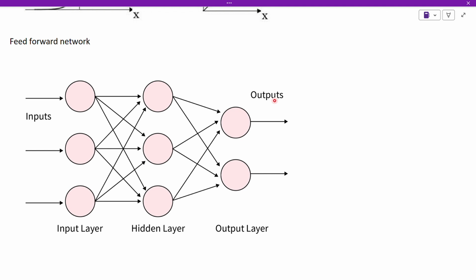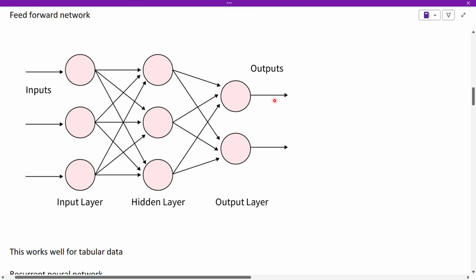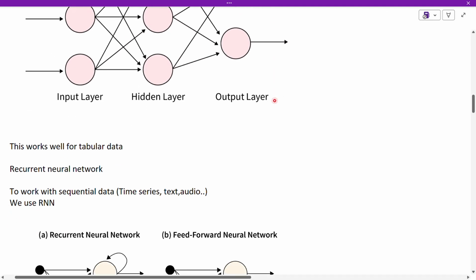As of now, the feed forward networks are very limited, because this works well for tabular data, but in the real world, the data produced is not usually in tabular form, right? The feed forward networks or multi-layer perceptrons are only limited to working with tabular data.